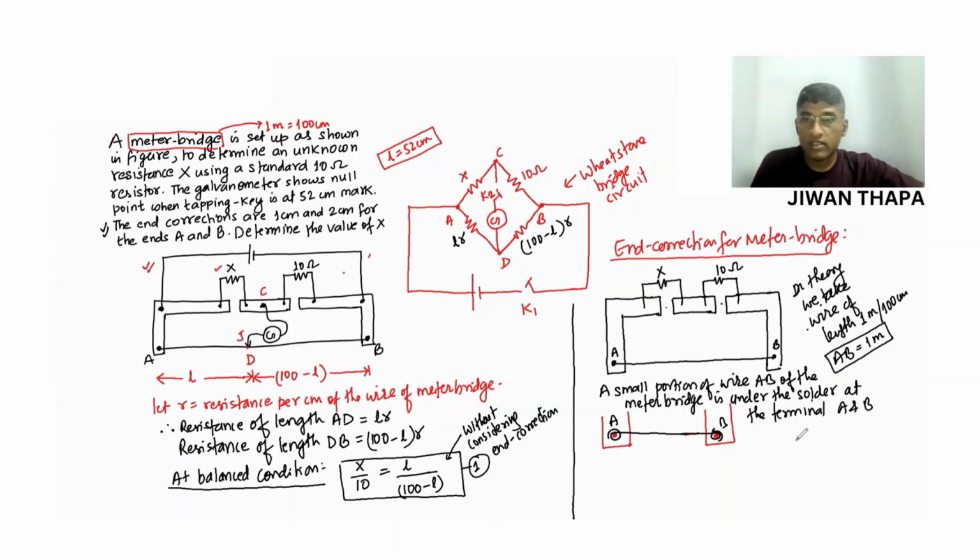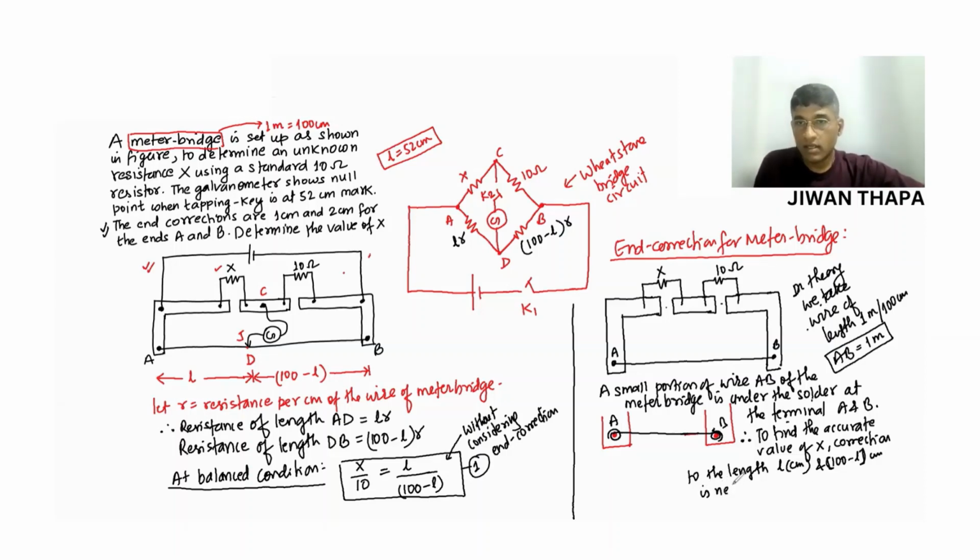Therefore, to find the accurate value of X, that is the unknown resistance, we need to apply correction to the length L, which we are measure in centimeter, and 100 minus L, also in centimeter.